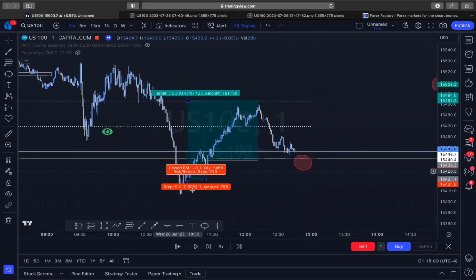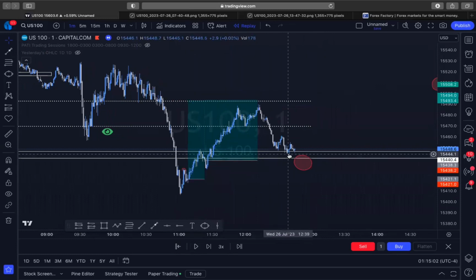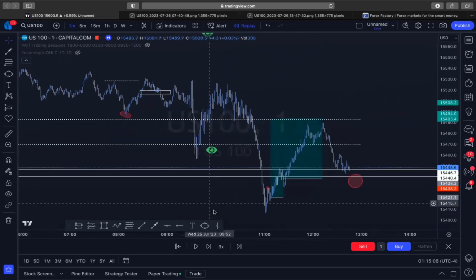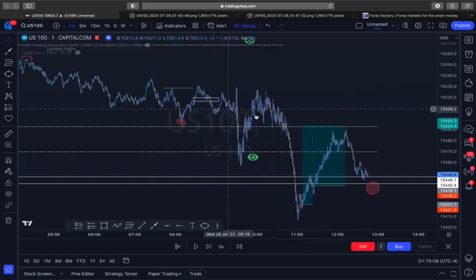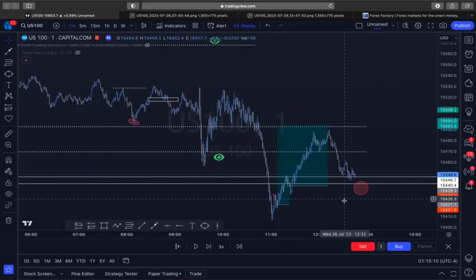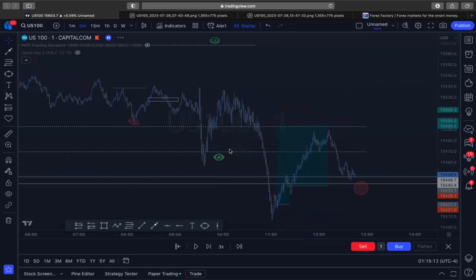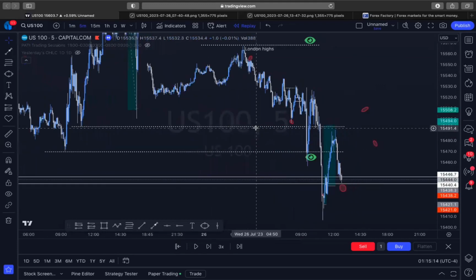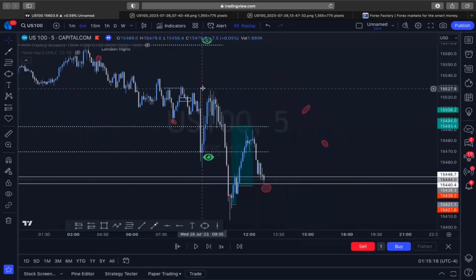Because again, we already took lows. It wouldn't make sense for this to continue going down. Yes, it looks like we're in a bearish run right now, but if you take a look, we have so much liquidity sitting right up here. All this needs to be taken out. So again, remember what I said at the beginning of the video, that I take a look at where people have their stop losses.